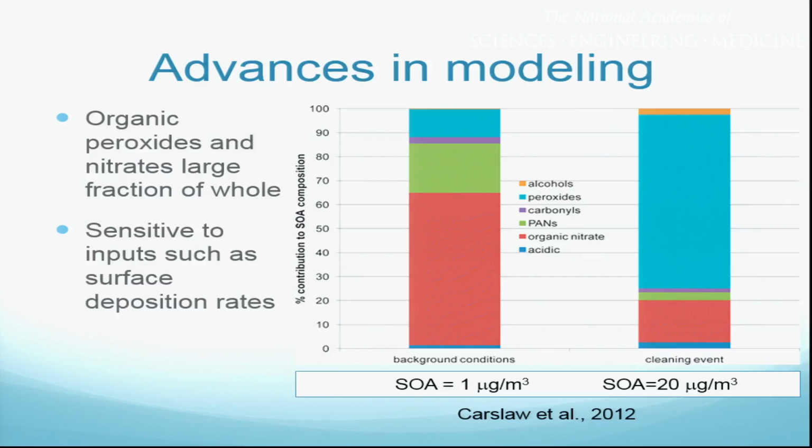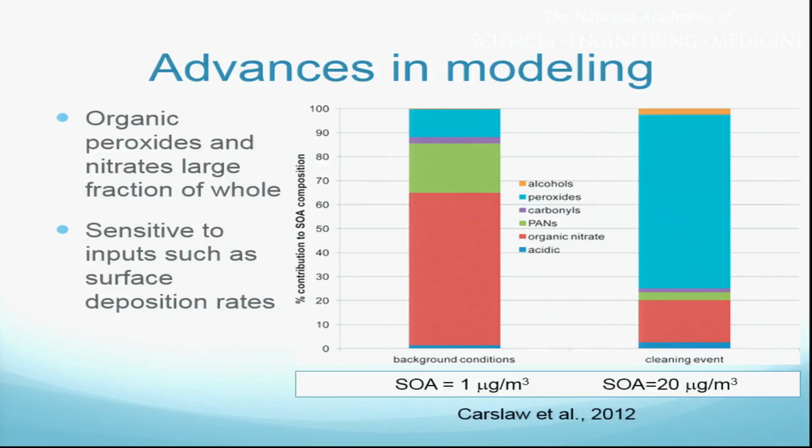This is a paper by Carslaw in which they try to incorporate at least some of those differences into the model, and they show, as one example of an outcome, that during a cleaning event, they expect to see a lot of peroxides generated in the aerosols themselves.